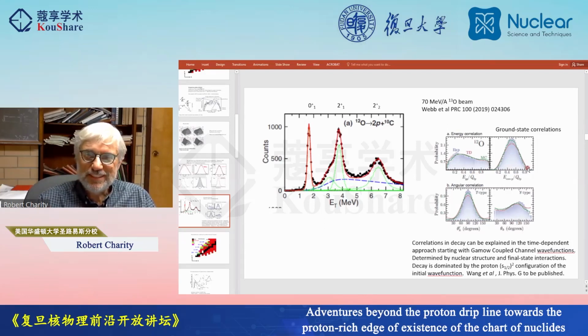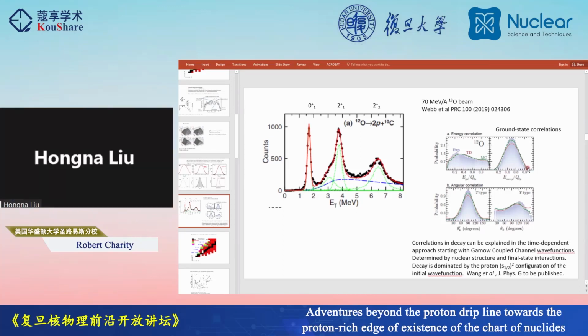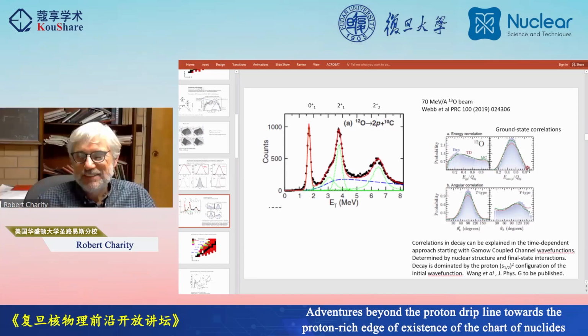Now another interesting thing is in carbon-10. Its mirror, boron-10, has a very strong deformed band, and the band head is 0+. No one has ever seen the 0+ band head in the mirror, carbon-10. We found a state in carbon-10 that undergoes 2-proton decay, and it had the same correlations as seen in oxygen-12 and neon-16.